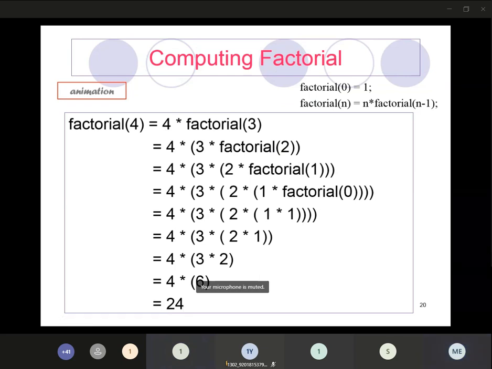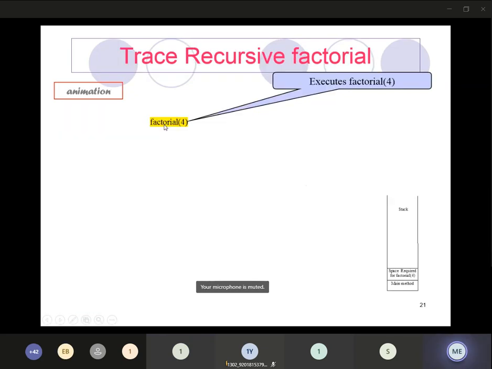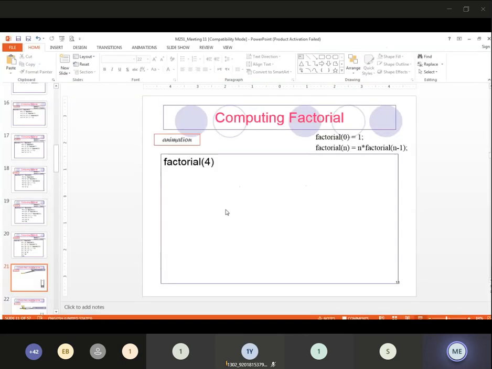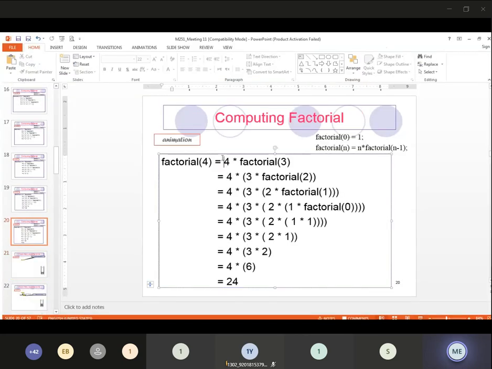Okay, if you want factorial 5, in this case, I have to write it here, 5, and add more lines. Did you get it? Here I'm writing factorial 5. 4, not 5. Yes, okay. If it is factorial 5, in this case, it will be like the following.